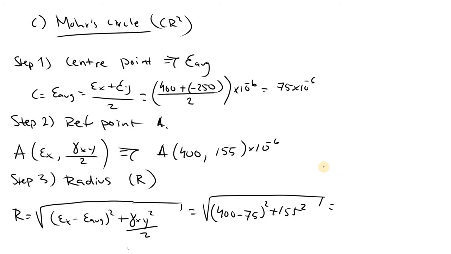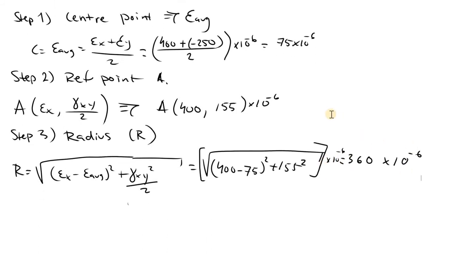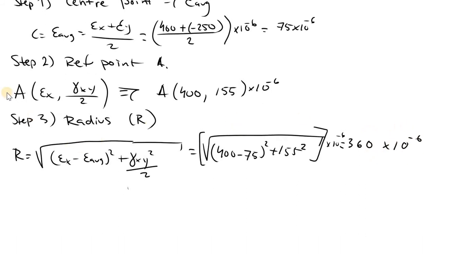What we'll find is that our radius is 360, again times 10 to the negative 6. So perhaps I'll just put that slightly, the negative 6. Up to you how you want to indicate it, but as long as you keep track of your 10 to the negative 6, it's all good.